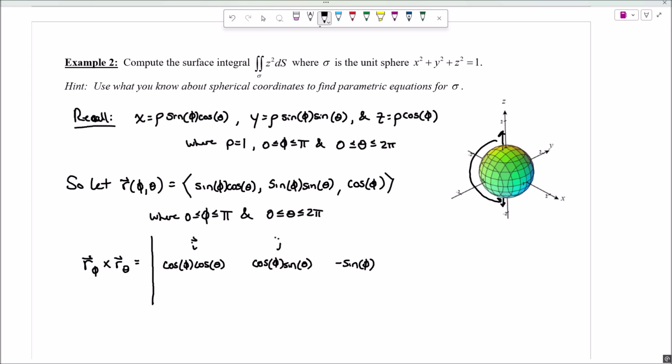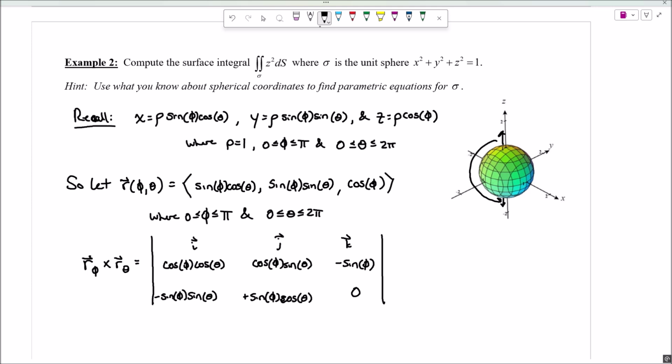I have my i, j, k. When I do my partials with respect to theta, I'm going to get sine phi sine theta. This is going to be negative though, so I'll toss that out front. Similarly over here, I'm going to get something that is negative. Oh wait, sorry, this one is not negative. I end up here with a cosine of theta.